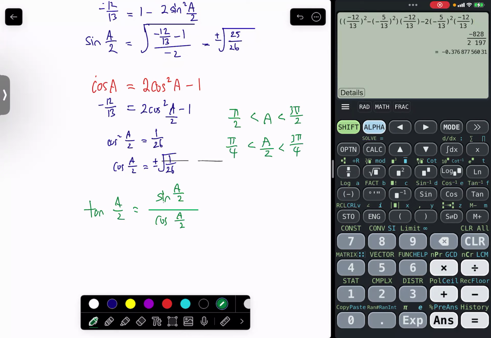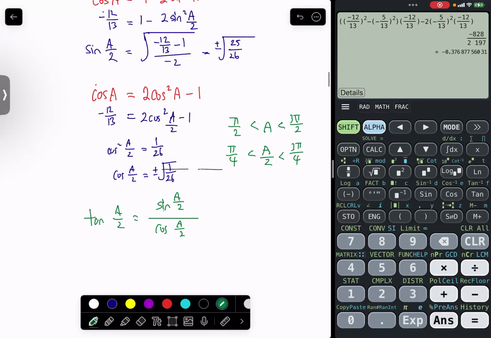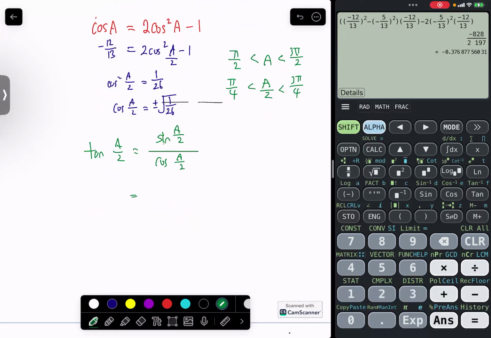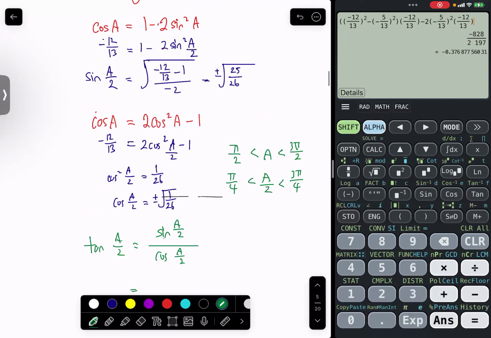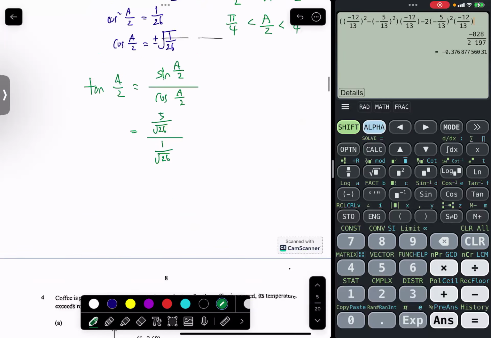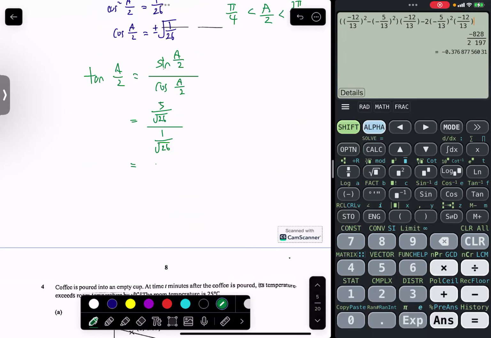So either way, tangent is going to be, okay, in this case, sine will be positive, cosine will be negative, right? Okay, so we'll have square root 25 over square root 26 over 1 over square root 26. So the square root 26 will cancel off, so equals 5 in the second quadrant. So cosine is negative.